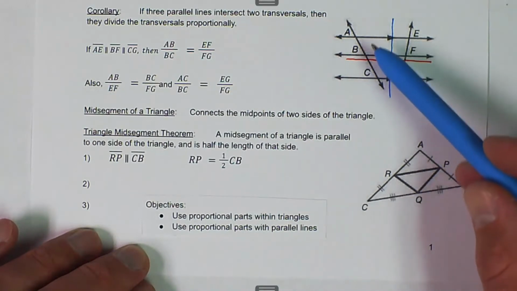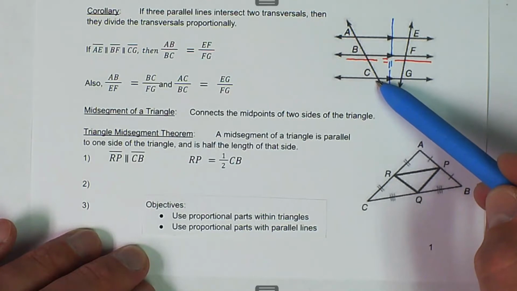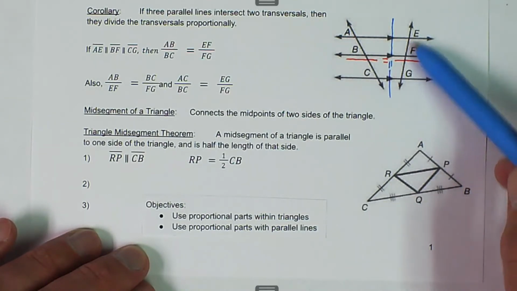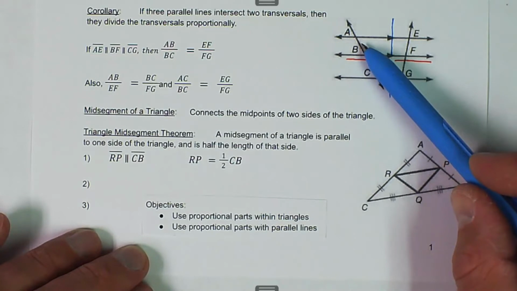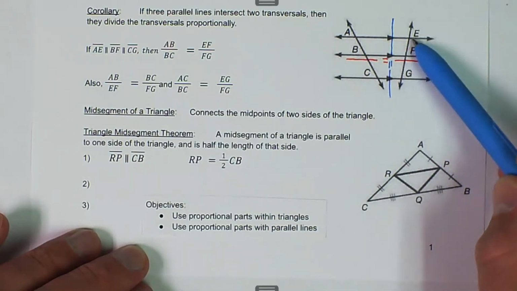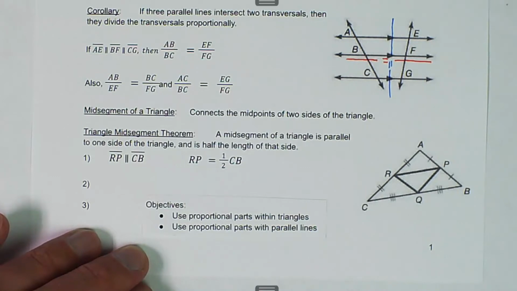We could also set up the proportion where we talked about the whole thing, AC divided by BC is equal to EG divided by FG. So basically, as long as we're comparing the same parts and we have our proportion set up correctly, everything is going to be proportional. We'll look at some examples later.